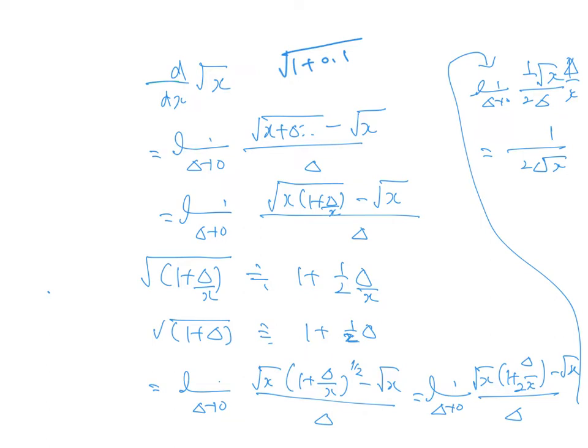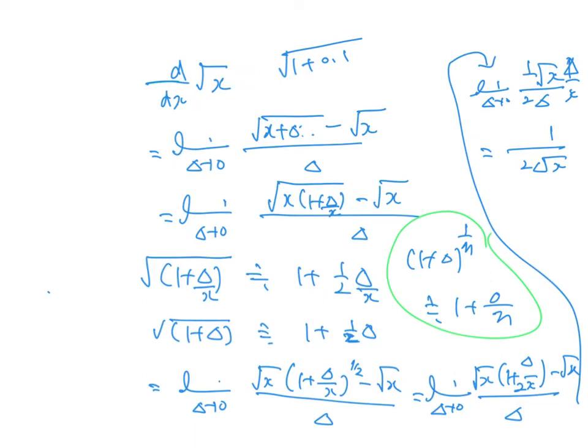One point... 0.449 something, right? Does anybody have a calculator? You just need to remember that (1 plus delta) to the 1/n is approximately 1 plus delta over n. So it's very neat if you remember this formula.